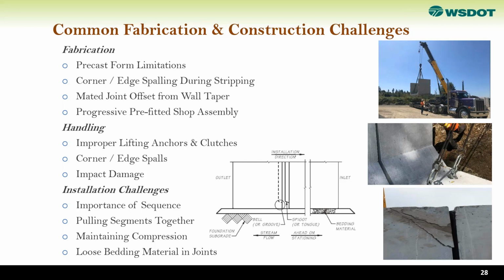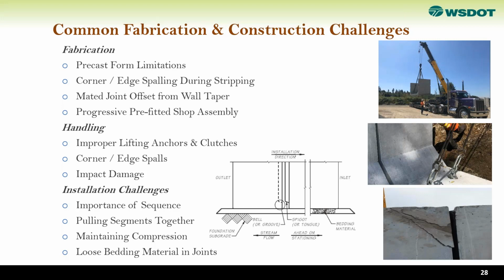And when we do the handling, improper lifting can encourage corner edge spall, and then impact damage. So this is the lifting that you can see, or where to put the lifting group and how to assemble this, very important. The installation challenge is the importance of the sequence of putting this together.